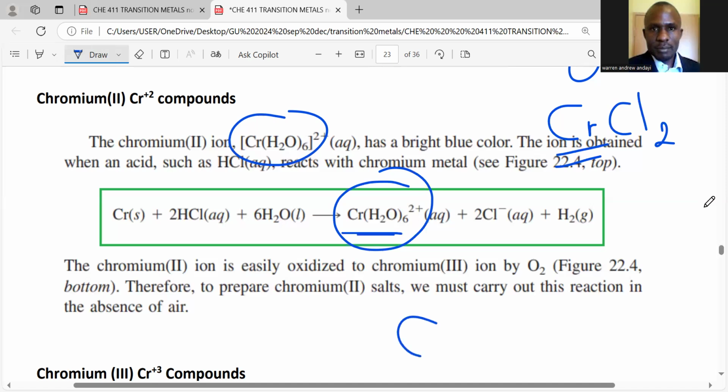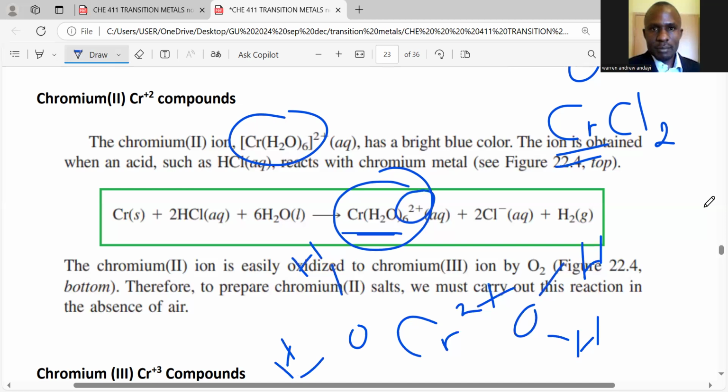Then you get this. You still have chromium 2, but it is surrounded by water. So neutral water molecules surround it, 6 of them. The overall charge of +2 still remains, and this overall charge of +2 is quenched or neutralized by those 2 chlorides. So in reality, how does that appear? I'll just summarize on this diagram.